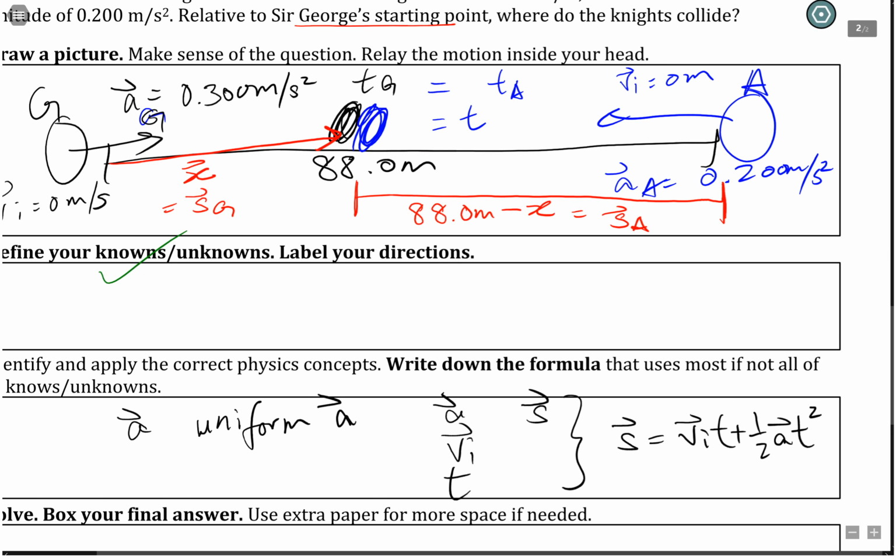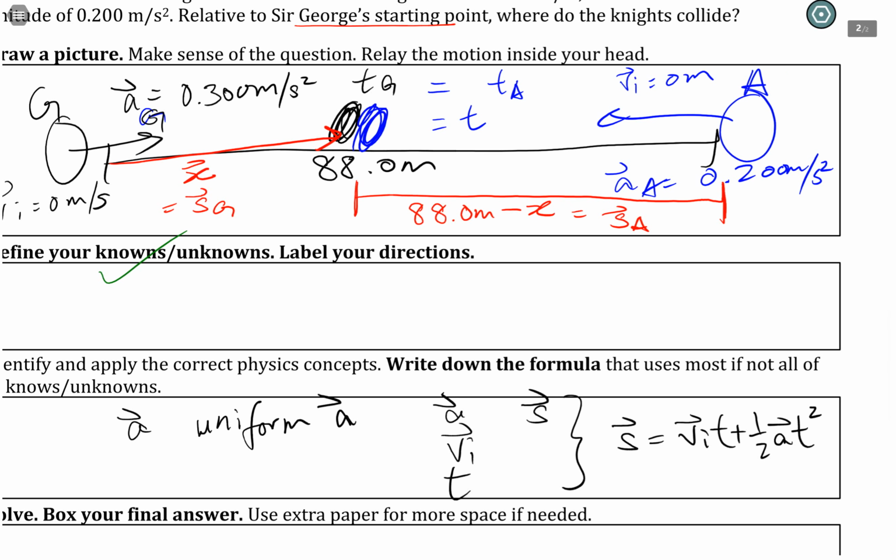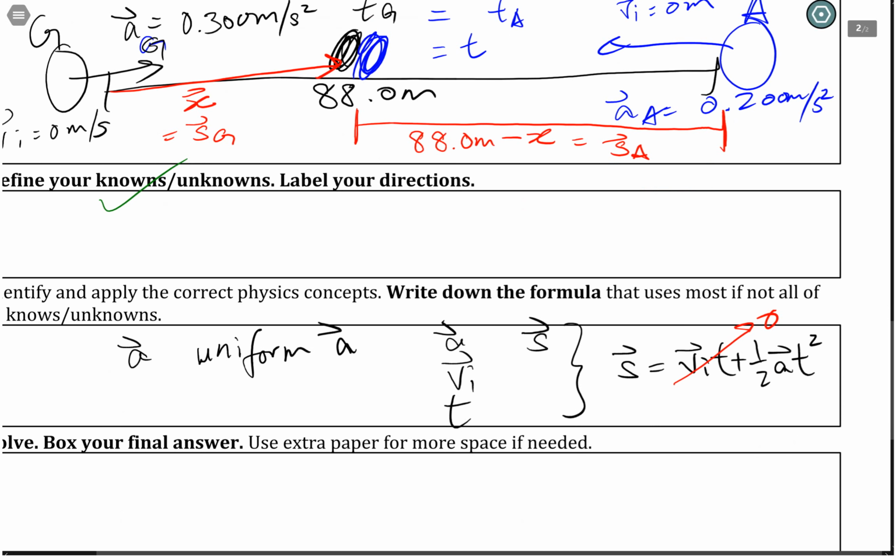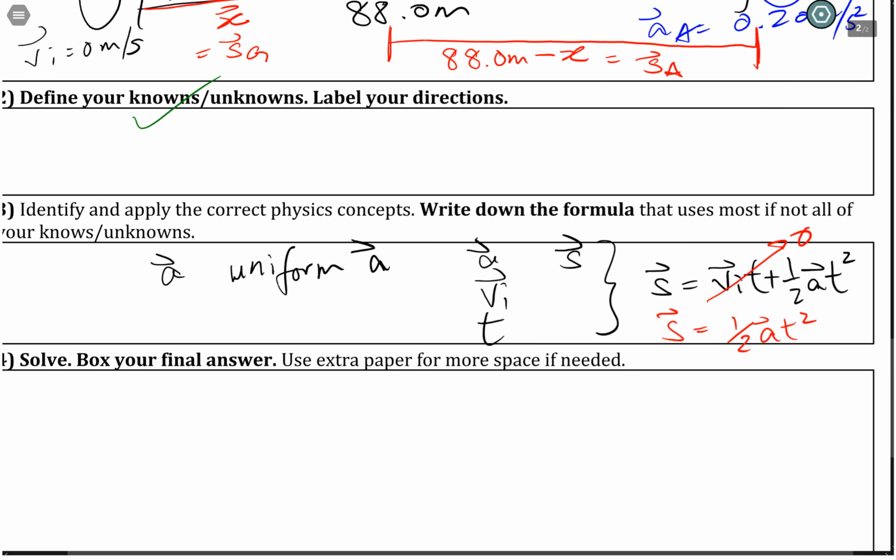I use VI now because many of you are confused with the symbols. But let's take a look at VI. VI for both Sir George and Sir Alfred is 0, which means this term is 0, and we will be left with S is equal to 1/2 AT squared. There you go. So that's the formula that we will use. Number 3 is done.